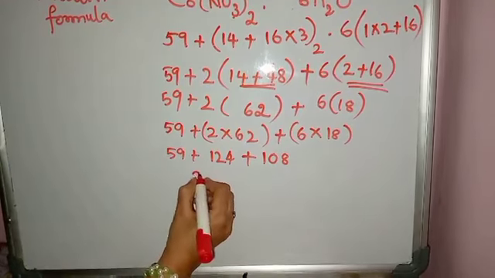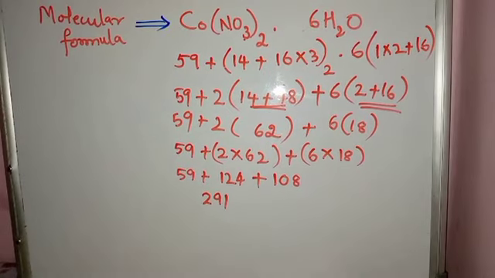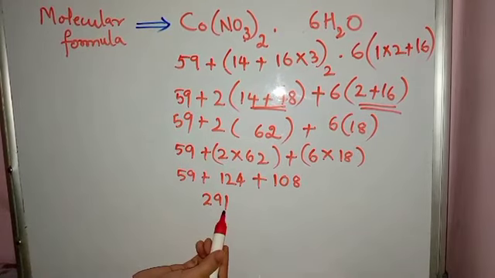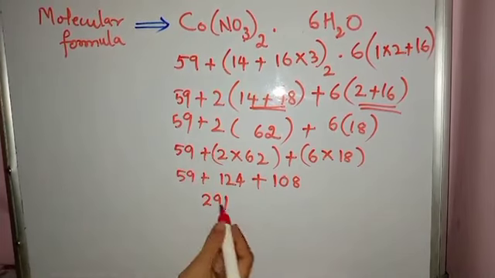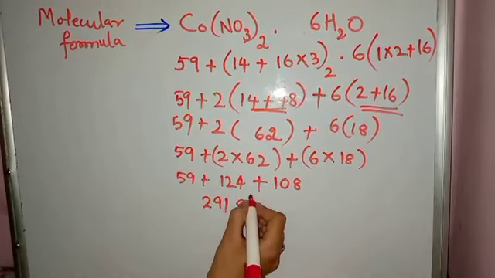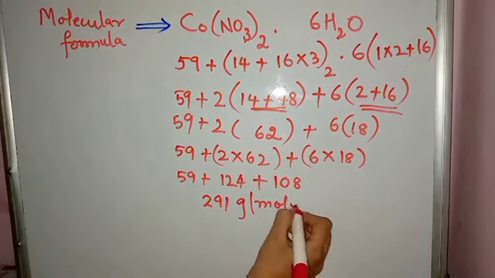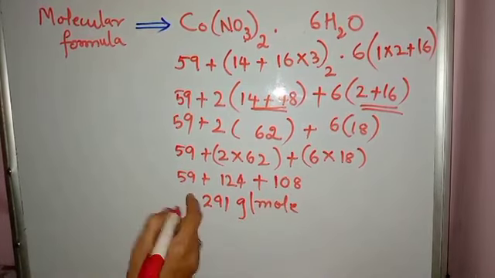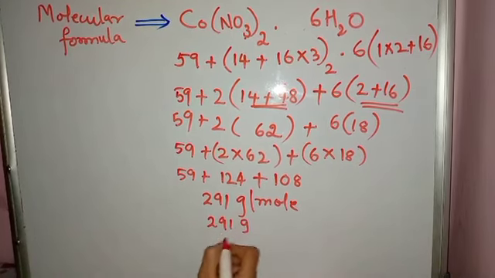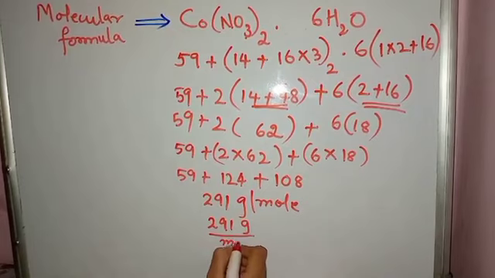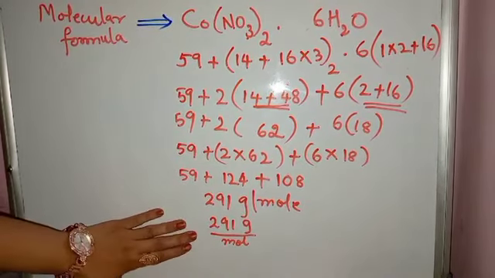The value that you will get is 291. We have got the molecular weight as 291, which we write as gram per mole. Up to here, is it clear?